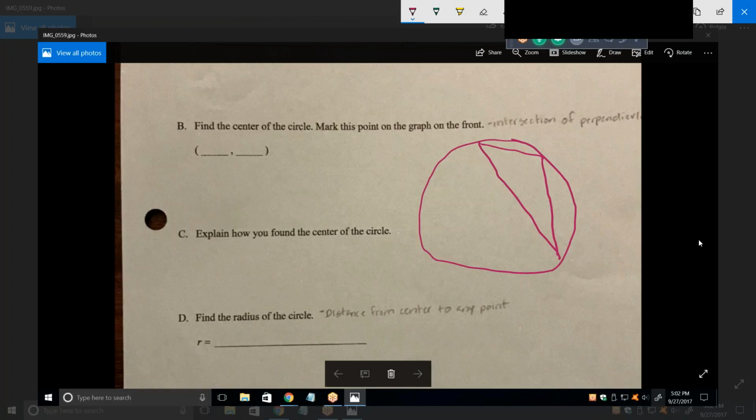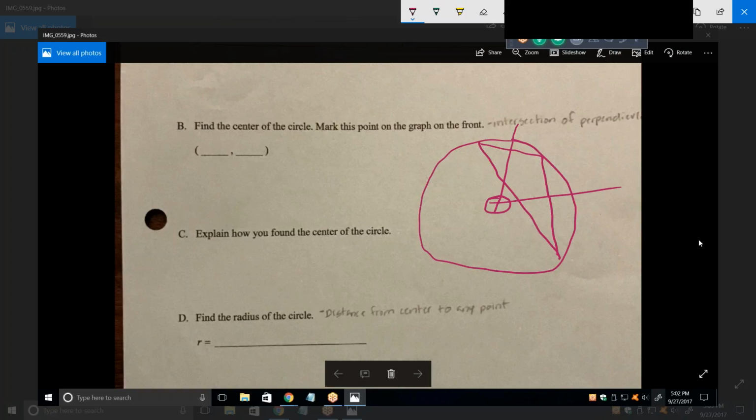And there's a formula that says that if I extend the perpendicular bisectors, they will intersect at the center of the circle. Okay?